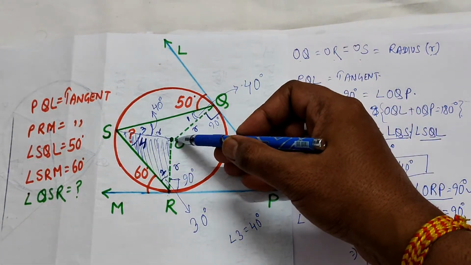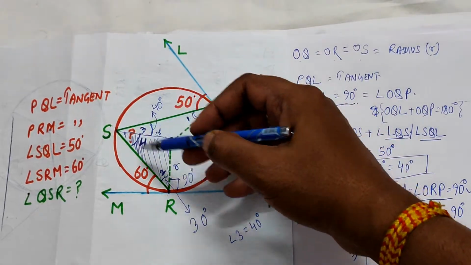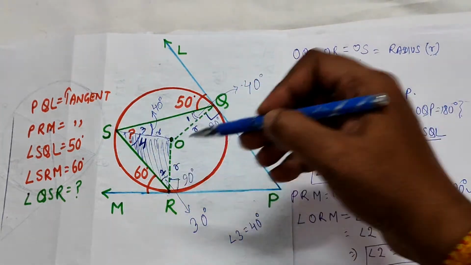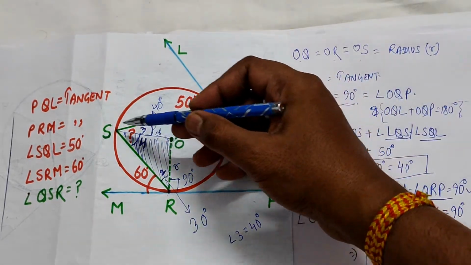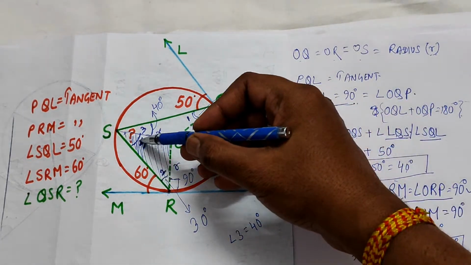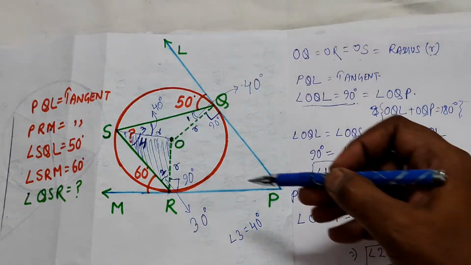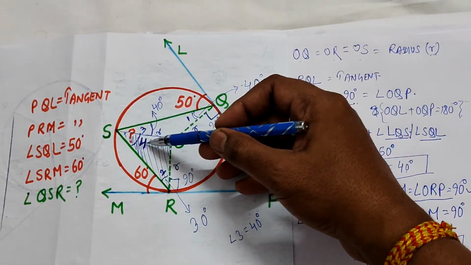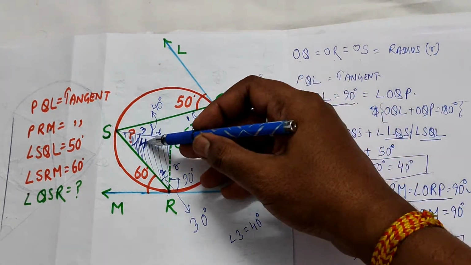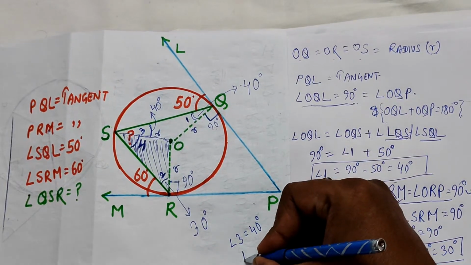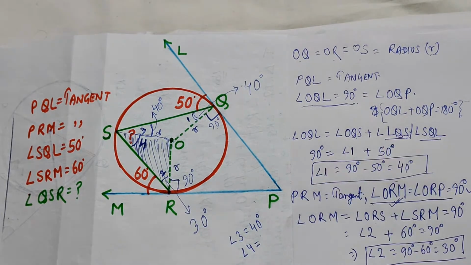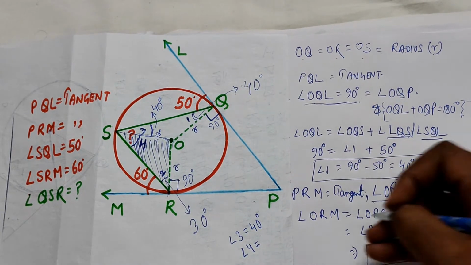Now if you consider the triangle OSR, in triangle OSR, OS and OR are the radius, and angle 2 and angle 4 will be equal because these angles are opposite to the equal sides OR and OS. So we can say that angle 4 is also equal to angle 2, and angle 2 is calculated as 30 degrees.